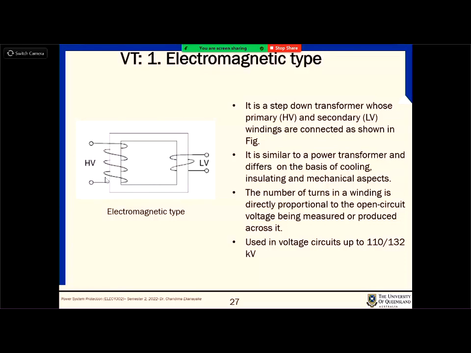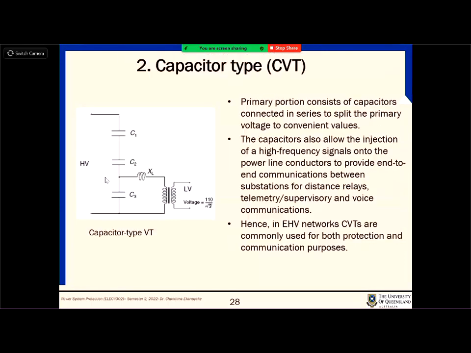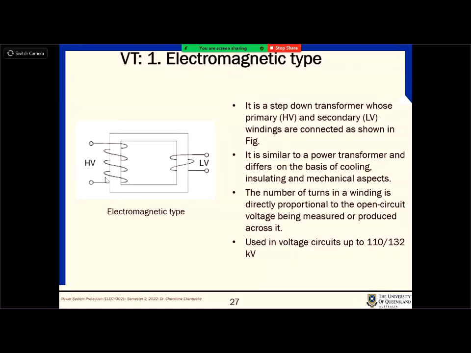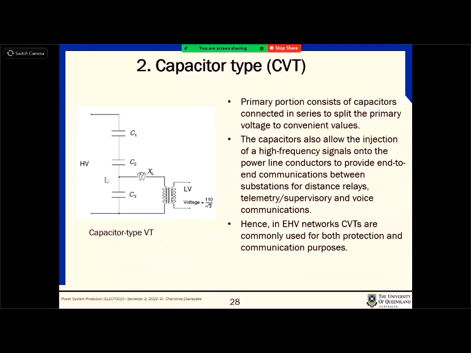So here, if we have V1, V2, N1, N2, the turns, then V1 divided by V2 is equal to N1 divided by N2. That is the normal transformer ratio. Okay, so that is simple. We don't have to talk much about it because this has been covered in many other courses.